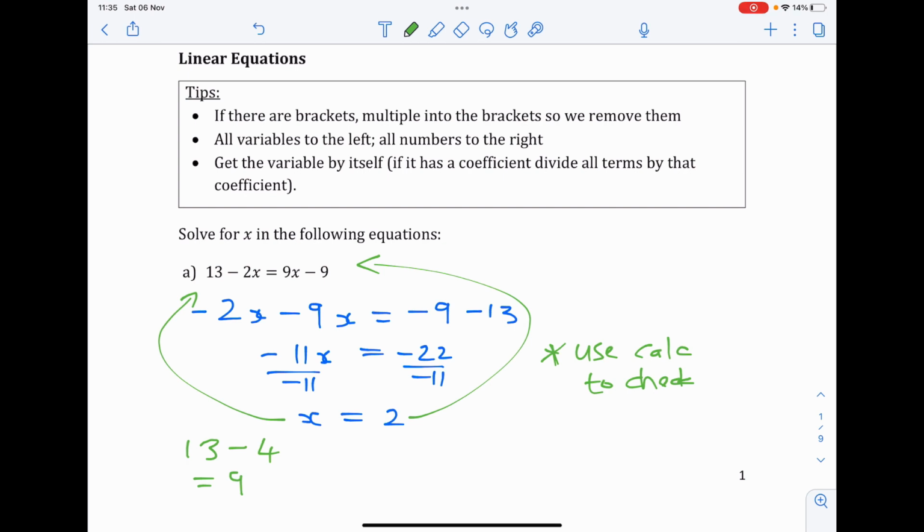Let's do it on the right-hand side. 9 times 2 is 18. Minus 9 is 9. So we have 9 equals 9. So that's how you know that you've done it correctly. So that's a check for you to do. You don't have to write that down in a test, but you can do it on your calculator to check yourself. That's the nice thing about this section, is you can, for the most part, check yourself.